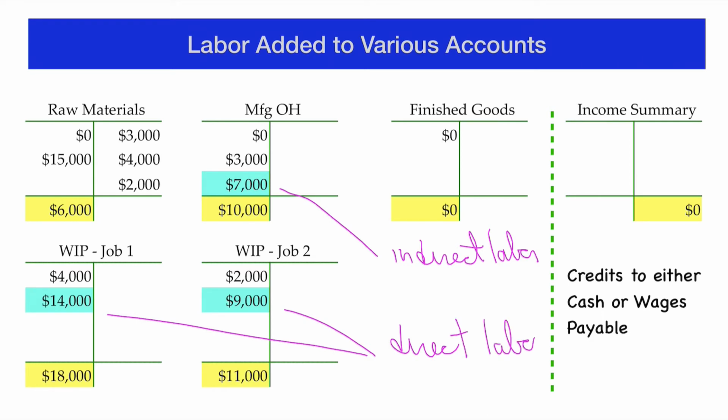So the difference is that both these types of labor are part of the manufacturing process, but the $14,000 and the $9,000 is labor that you could trace directly to the individual jobs, whereas this labor might be labor that's shared between the jobs. It could represent supervision, or it could represent a manufacturing process that is required to make the jobs, but is not specific to the individual jobs, say maintenance.